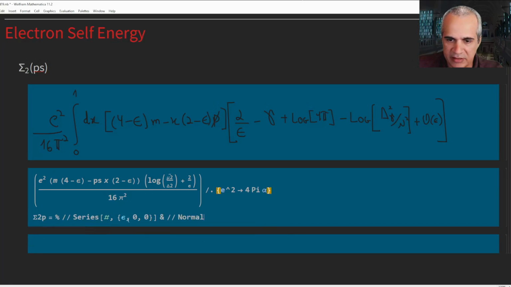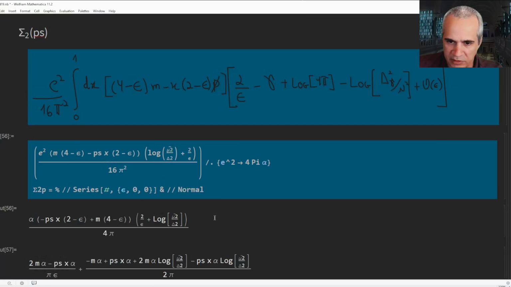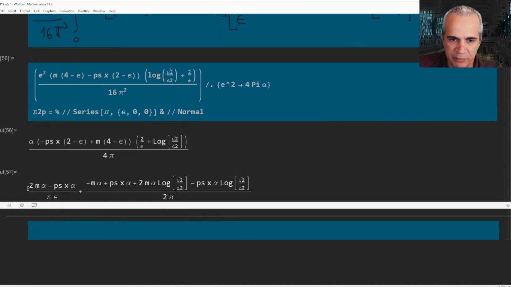And I made a series in epsilon to see how it looks and separate the divergent part, as we have seen before, from the finite part. So this one we have written is just the diverging part, but now we have also here the finite part explicitly.